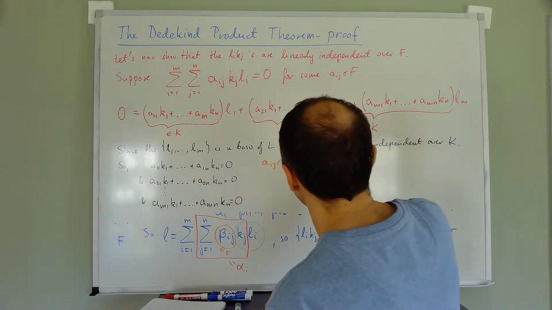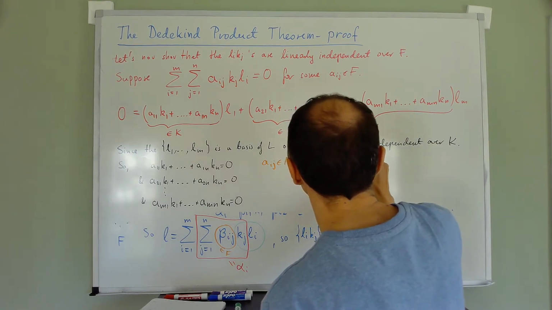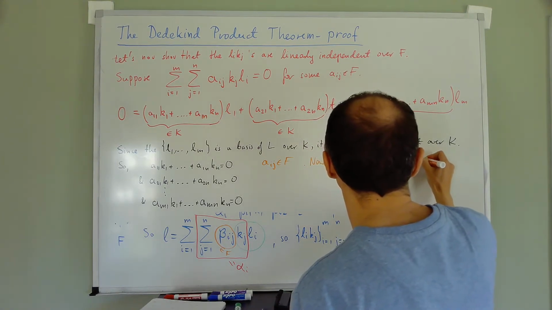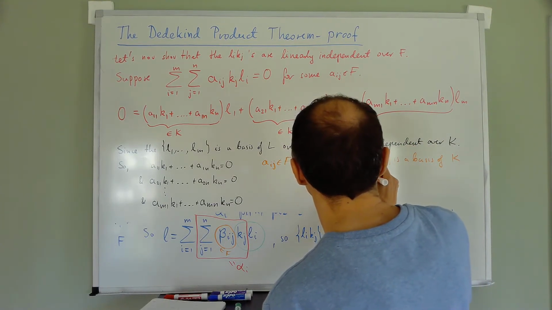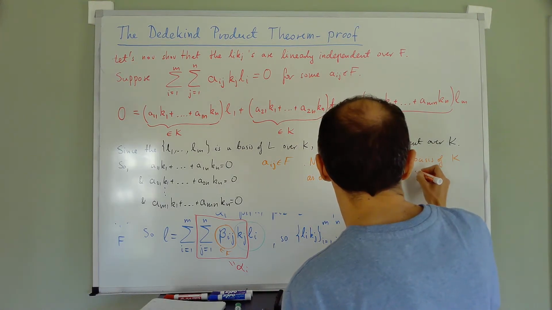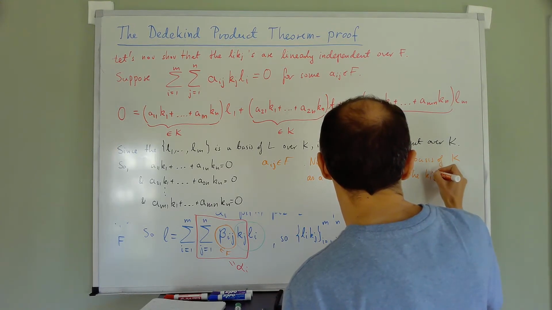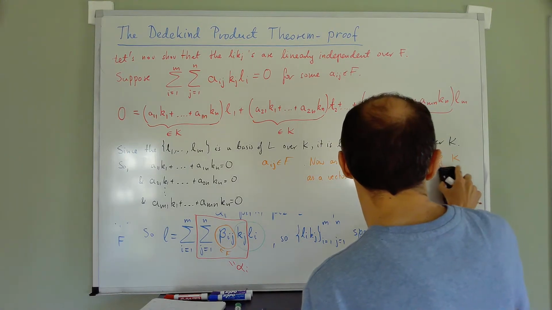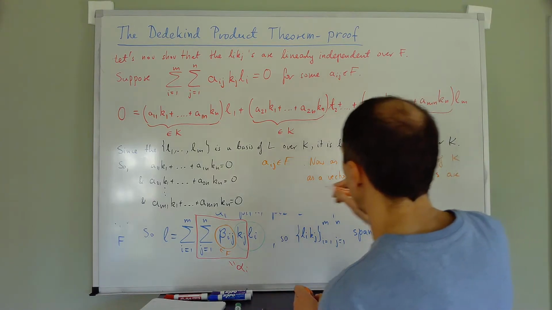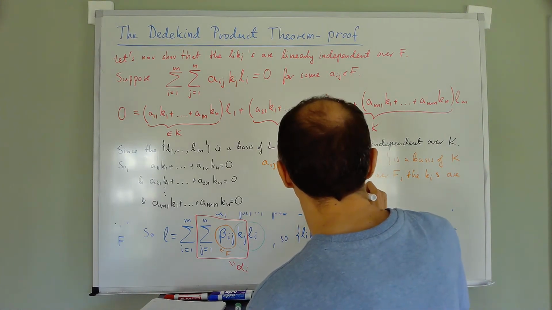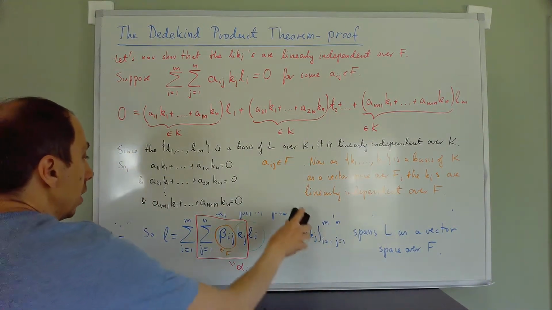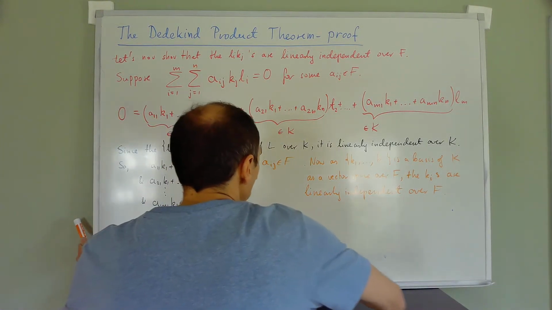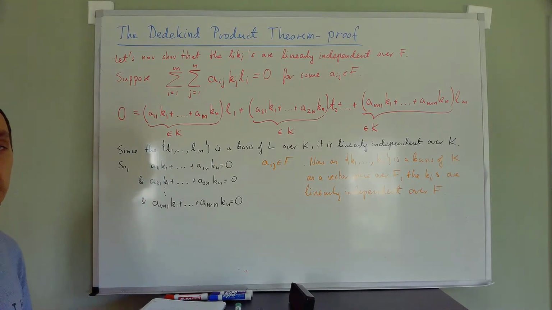But the k's are a basis. Now, as k_1 through k_n is a basis of K as a vector space over F, the k_i's are linearly independent over F. So, because the k_i's are linearly independent over F, and this F-linear combination of the k_i's gives me 0, that means a_11 all the way through a_1n must be 0.